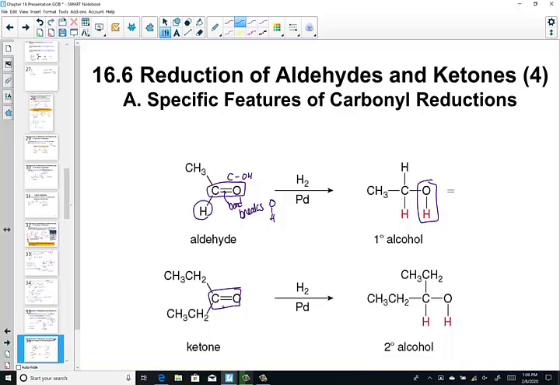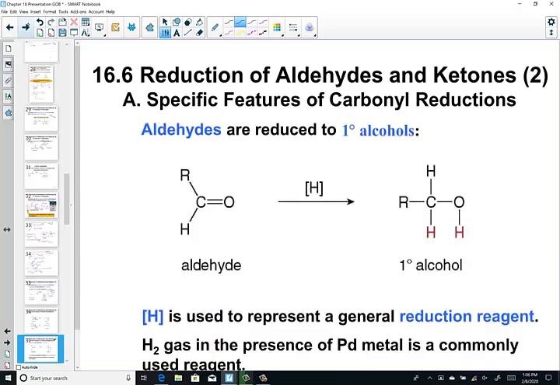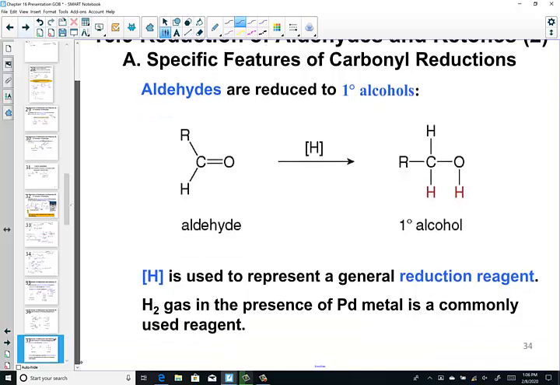A ketone will take this and turn it back into a secondary alcohol. So break that carbon to oxygen double bond and turn it into a C-OH bond, making it a secondary alcohol. Aldehydes are reduced to primary alcohols. H stands for the reducing agent, typically hydrogen gas, in the presence of some precious metal like palladium, commonly used as the agent.